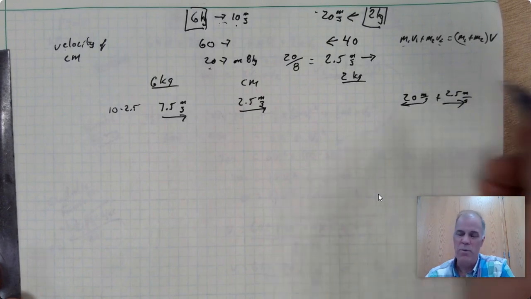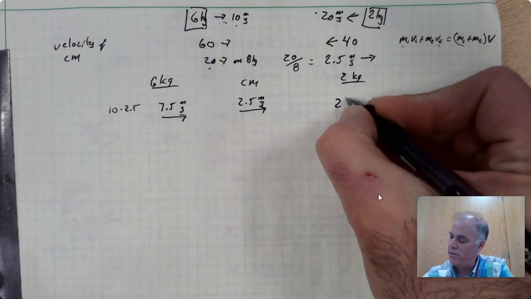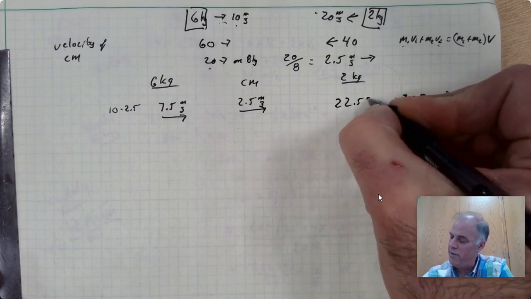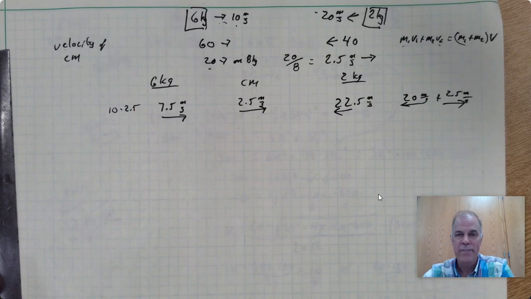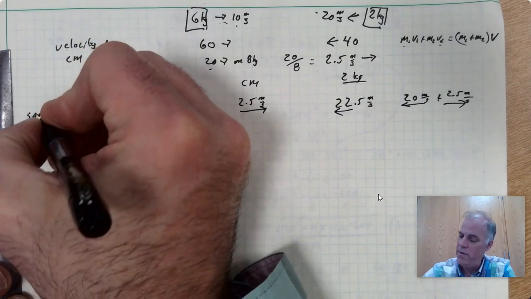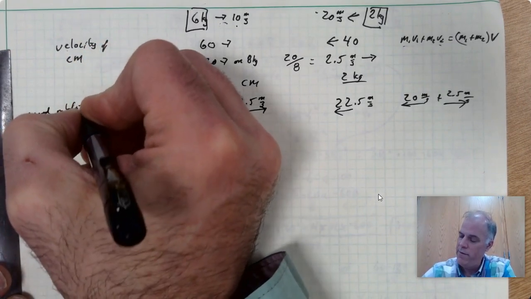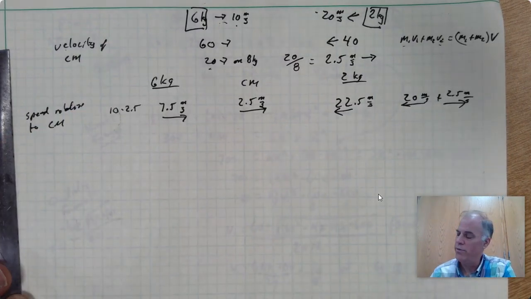Really, we're doing absolute values here, 20 plus 2.5. Anyway, so the relative speed is 22.5 meters per second, and it's moving toward it. Okay? So these are the speeds relative to the center of mass. That's what that column was.